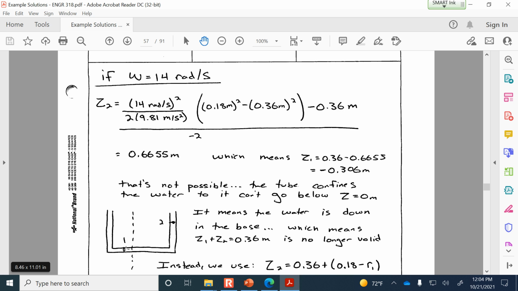But now the unknown is what's the elevation at 2 and also what's the radius at 1, because how quickly it's spinning is going to have an effect on how far from this axis point location 1 is. And if we're spinning really, really fast, it could even be that the liquid level is on this side of it. The liquid is over here, in which case you'd use a negative value for the radius if it was all the way to the right.